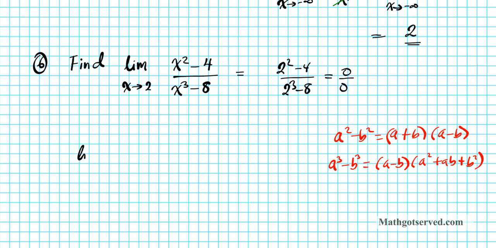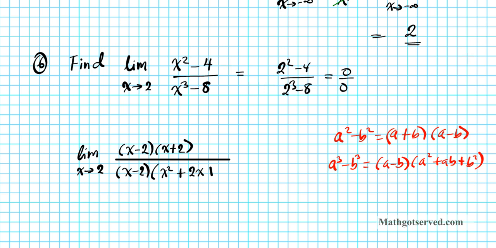It's going to give us the limit as x approaches 2. The numerator factors into (x minus 2) times (x plus 2), divided by, if you factor the denominator, (x minus 2) times (x squared plus 2x plus 4), because in this case a is x and b is 2.